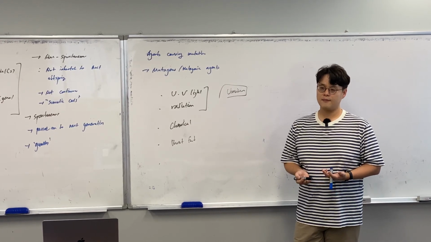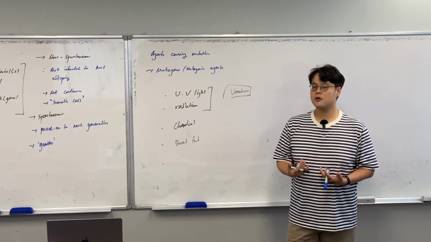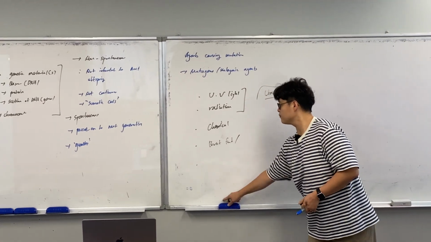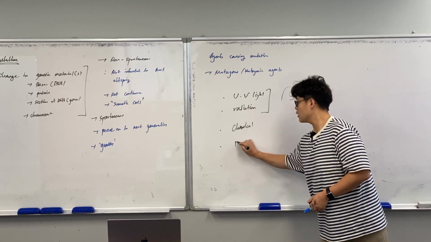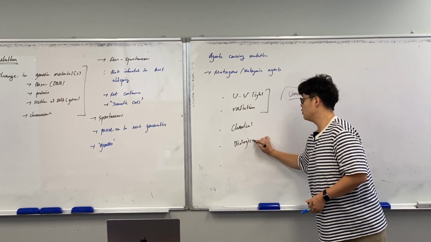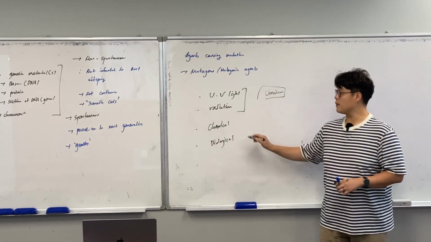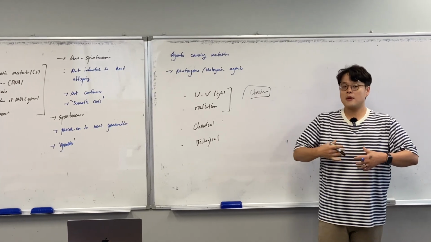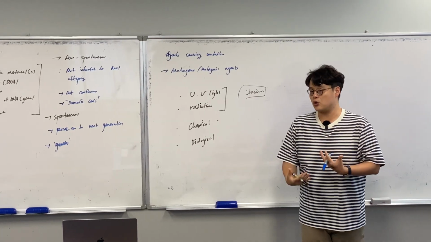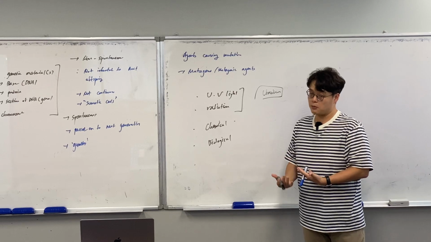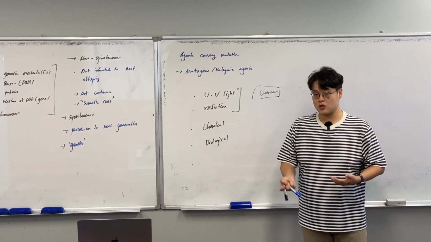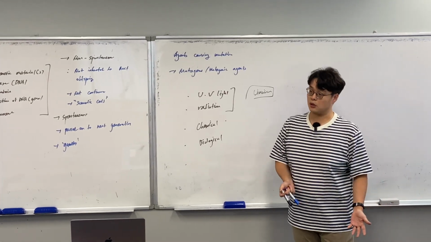Why is that? Due to some sort of chemical or biological agent inside of that, it can somehow alter or induce change in your genetic materials, whether that be DNA, chromosomes, or genes.